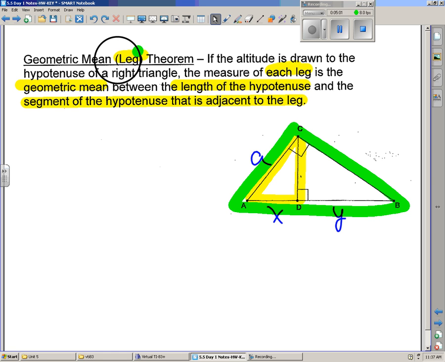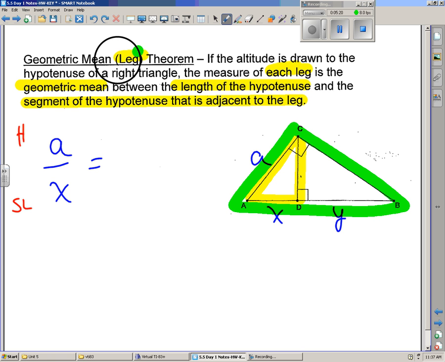I'm just going to take a look at the yellow highlighted triangle, and pull out the two sides A and X. So I've got A is to X. In that small triangle, A acts as the hypotenuse and X acts as the short leg.